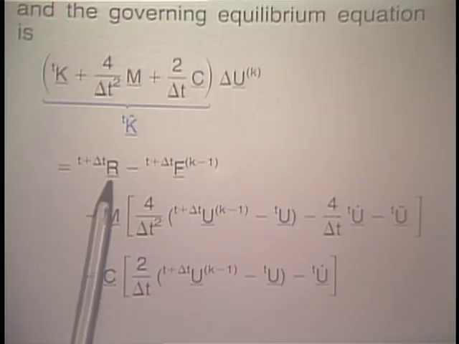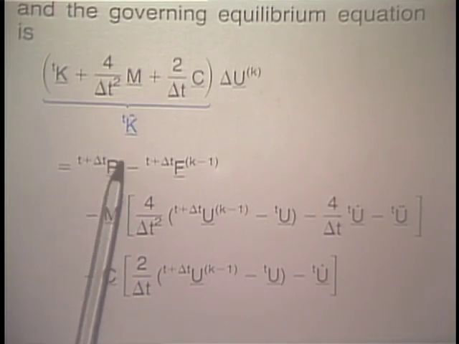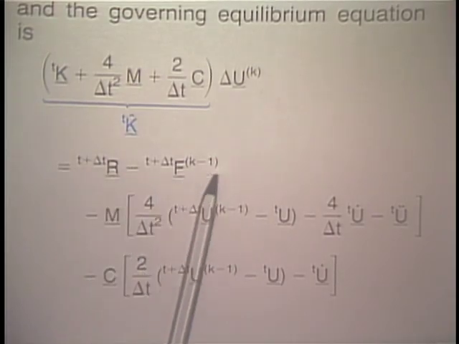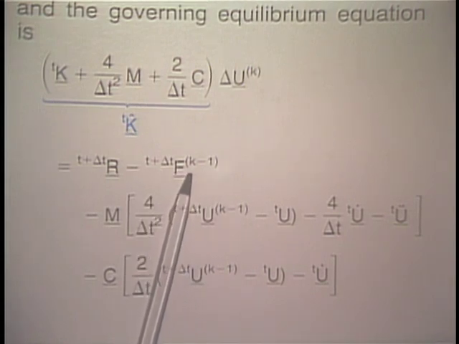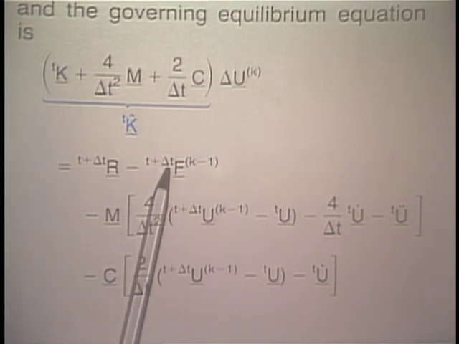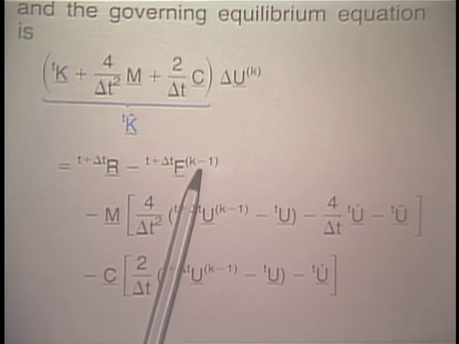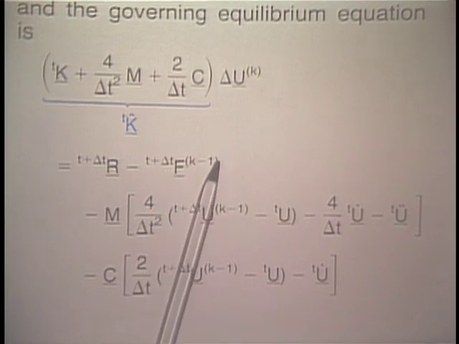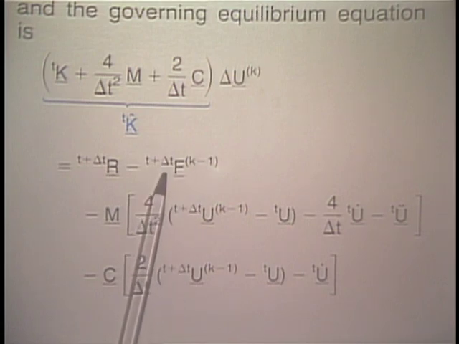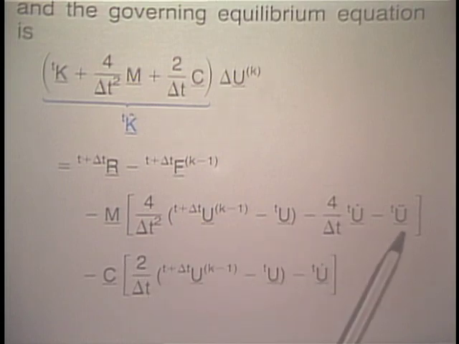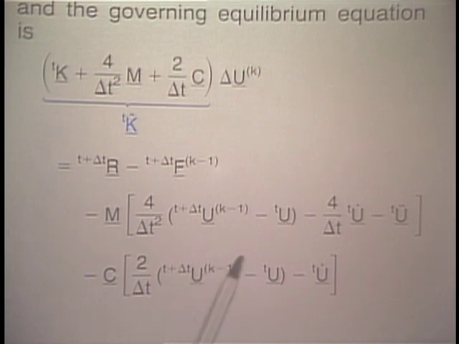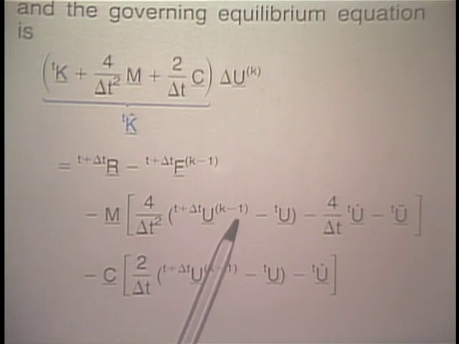And on the right-hand side of that equation, we have the externally applied loads, the nodal point forces corresponding to the internal element stresses at time t plus delta t, and at the end of iteration k minus 1. Of course, to evaluate these, we need the displacements corresponding to iteration k minus 1. And here we have inertia contributions and damping contributions. But notice, all this information here is known once you know the displacements corresponding to t plus delta t u k minus 1.